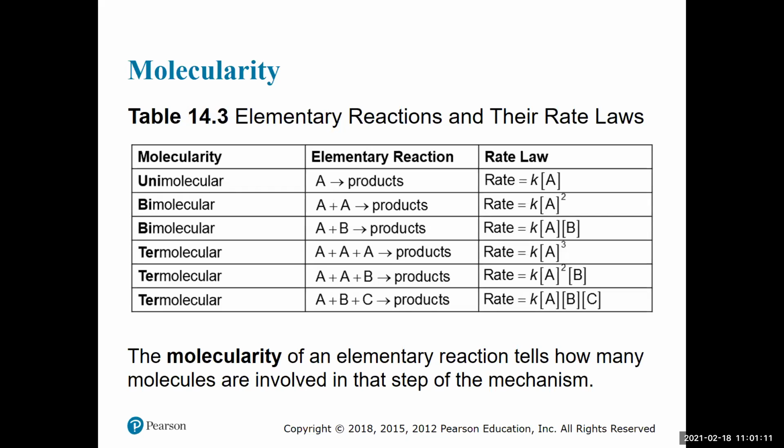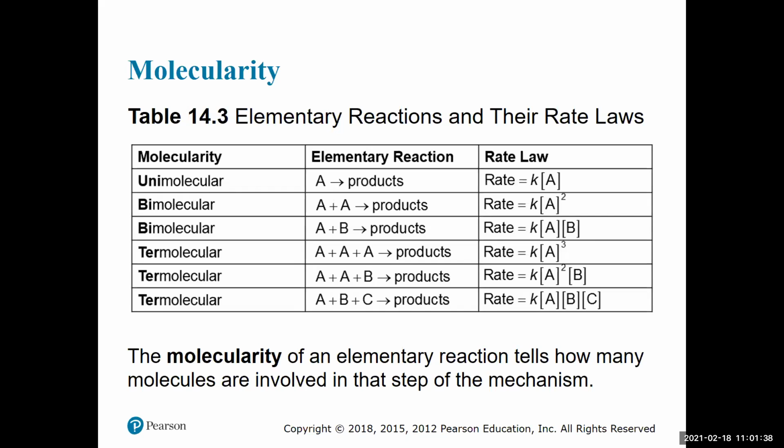If you're trying to work out a mechanism and it's based on a termolecular step, you might want to go back and reevaluate your mechanism, because usually that's not what's happening. It's not impossible, it does happen sometimes, but that usually isn't the case.